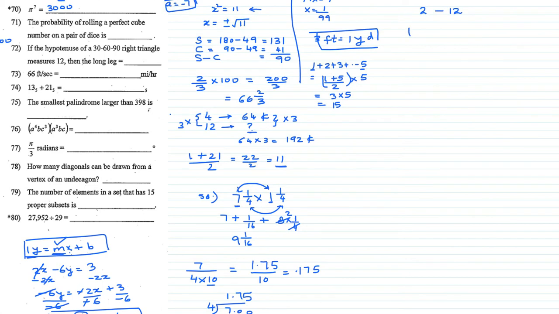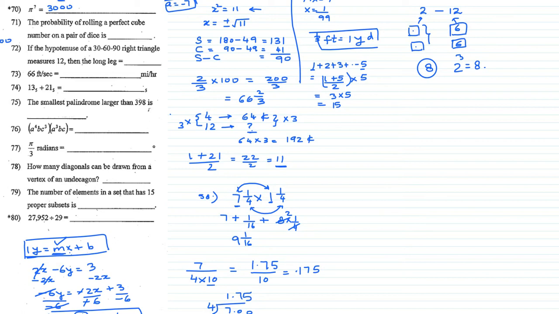So when we get 1 on each of the dice, the total is 2, and when we get 6 on each of the dice, we get a total of 12. So the only number that is a perfect cube in this range of 2 to 12 is 8, because 2 cubed is equal to 8.